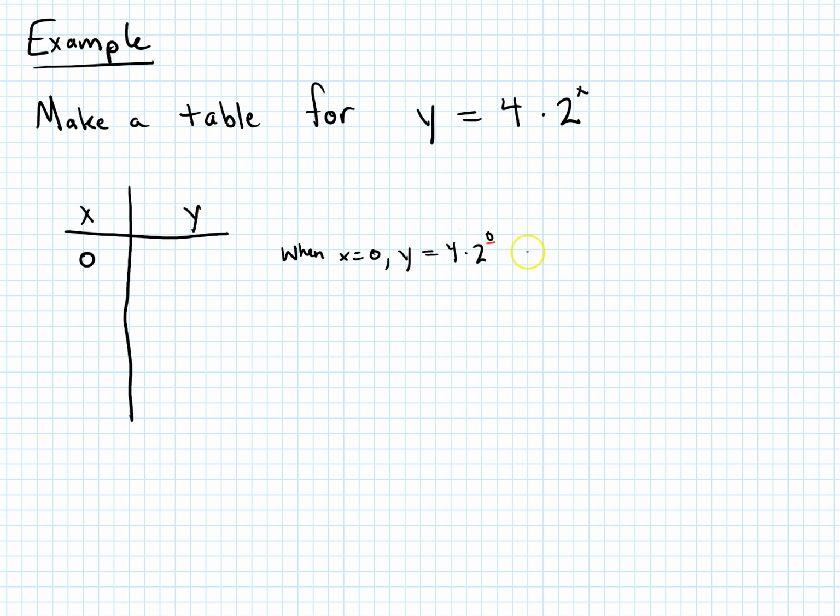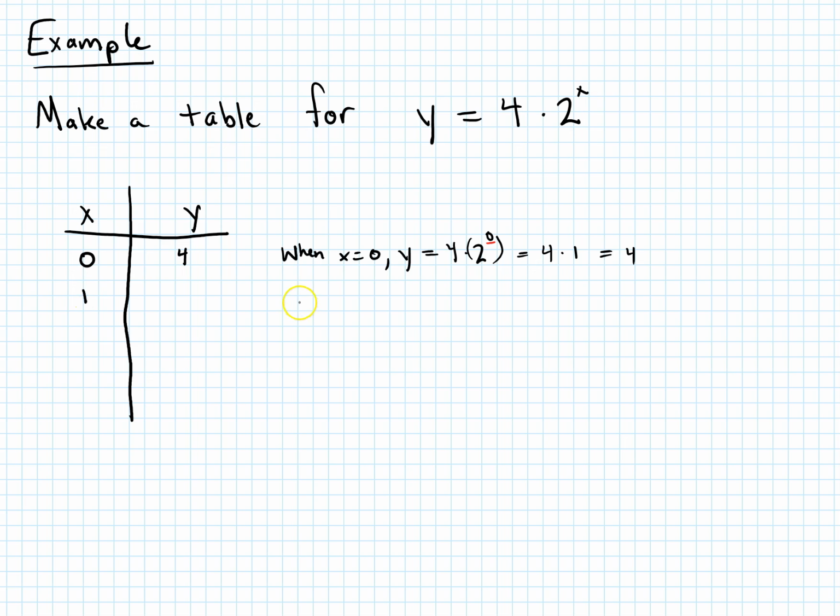Now if you remember, anything to the power 0 is just 1. So 2 to the power 0 is 1, and 4 times 1 is 4. So when x is 0, y is 4. You can see that is why the y-intercept always happens when x is 0, because anytime you put in 0 for x, the multiplier term gets knocked out. So we can continue this way.